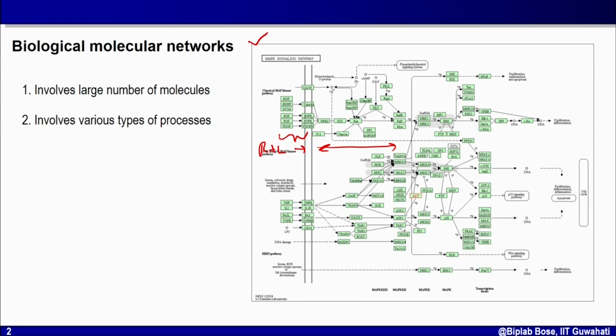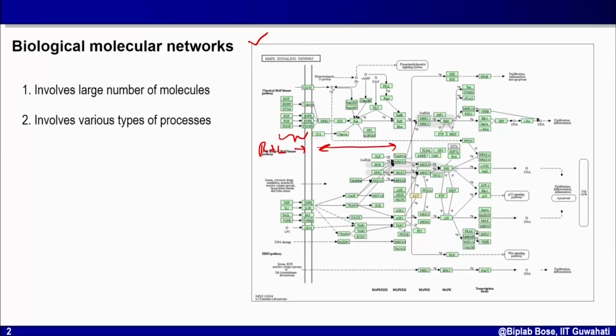So in phosphokinase pathways, one molecule gets activated and becomes a kinase enzyme, it goes and phosphorylates another molecule, that molecule becomes phosphorylated, and again it is an active kinase now. So you have a cascade of events happening. So this is a phosphokinase cascade, if I say it simply.